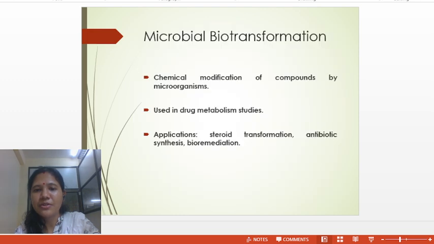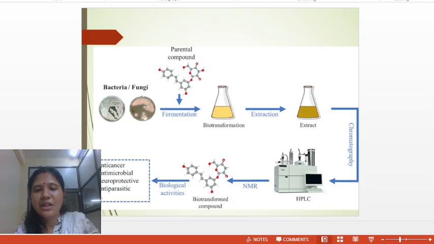Then microbial biotransformation: chemical modification of compounds by microorganisms, used in drug metabolism studies, with applications such as steroid transformation, antibiotic synthesis, and bioremediation. This is a very simple structure presenting the biotransformation. Here bacteria and or fungi go through the fermentation process, and the parental compound present there changes through fermentation and goes through biotransformation.